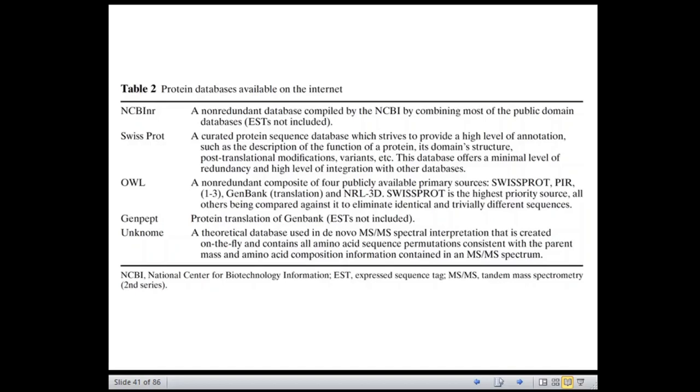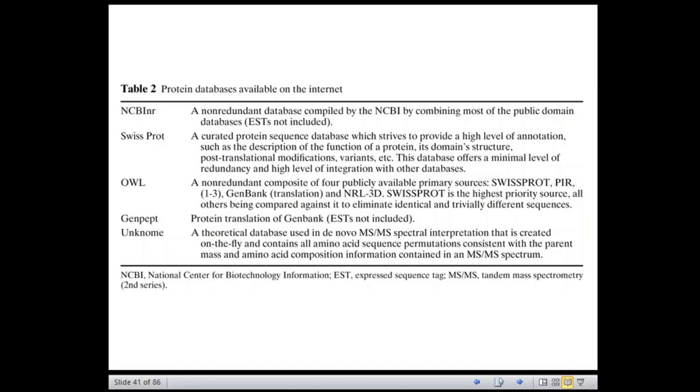In the table given, you can see the databases such as NCBI NR. Here NCBI refers to National Center for Biotechnology Information and NR for non-redundant database. Then we have the SwissProt database, which is a curated protein database.